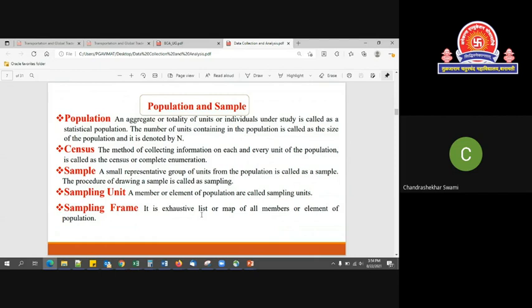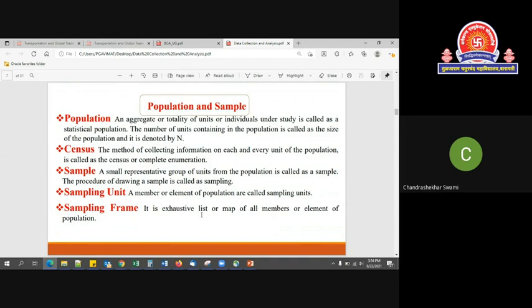Each student is a sampling unit, because here I am considering my population as TC College: the students who have taken admission for the academic year in the college.